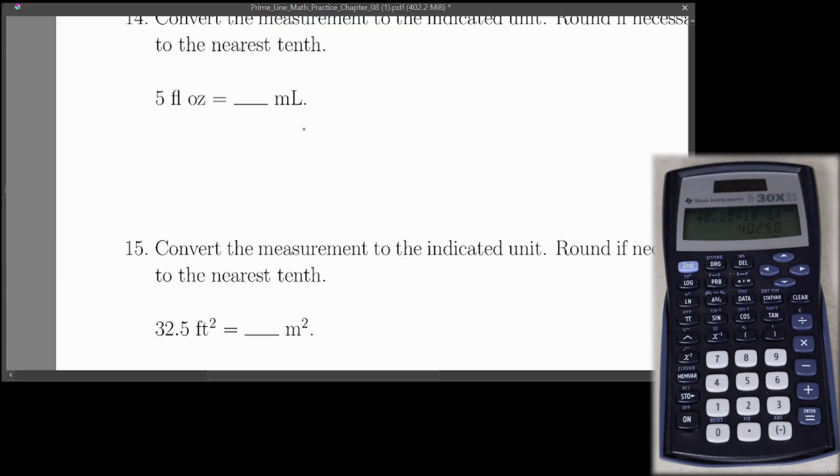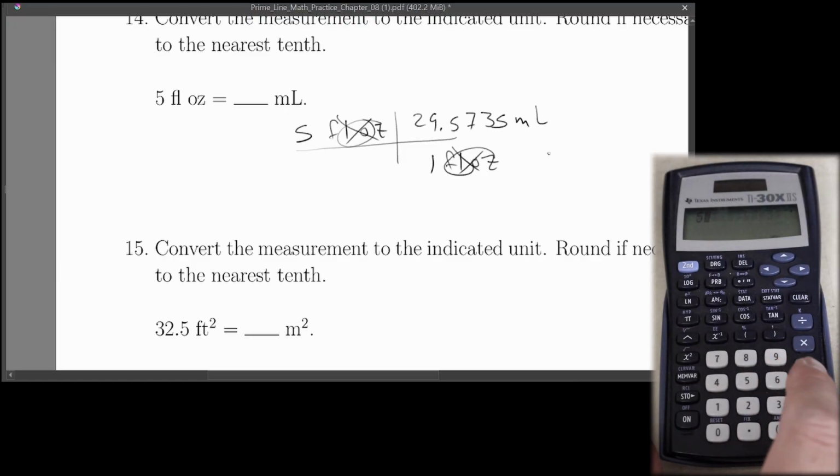So we can do 5 fluid ounces, and 1 fluid ounce is 29.5735 milliliters. We can cancel our units.